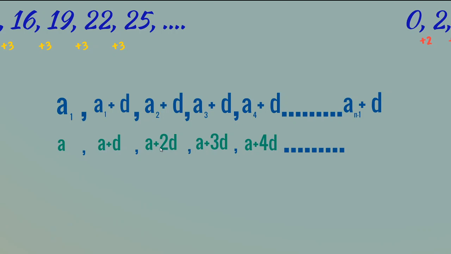So you see, second term is 1d, third term 2d, fourth term 3d, fifth term 4d. So it is 1 minus every time, right? Fifth term is 5 minus 1, 4d, fourth term 4 minus 1, 3d, third term 3 minus 1, 2d, second term 2 minus 1, 1d, and first term 1 minus 1, 0. So there is no d. So you get it. So last term will be a plus n minus 1 times d.